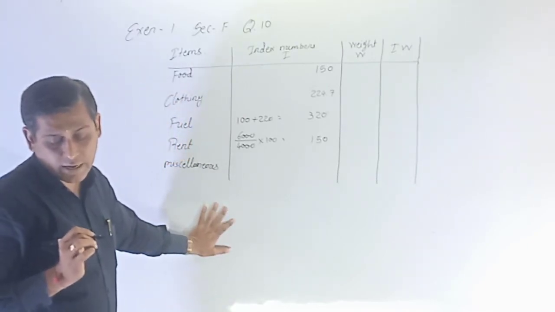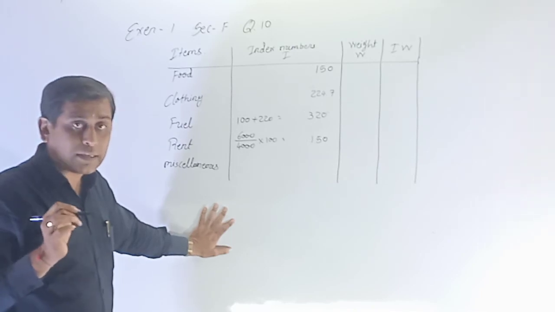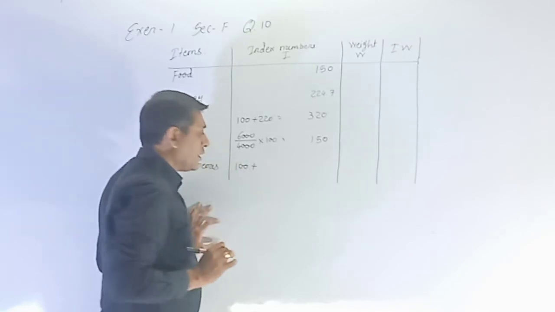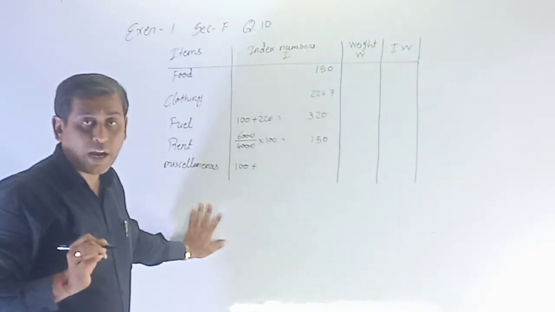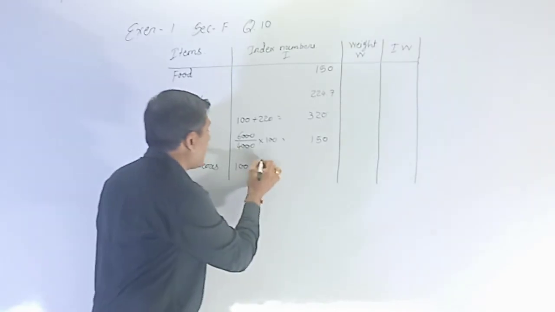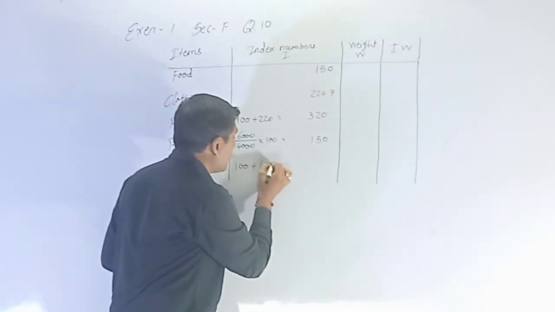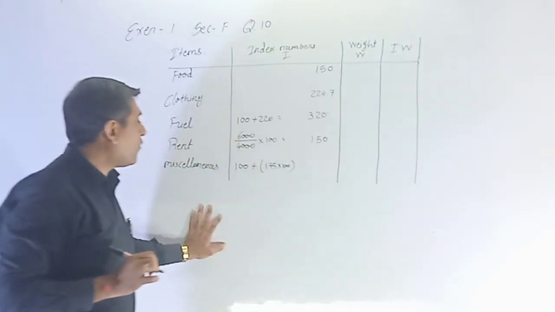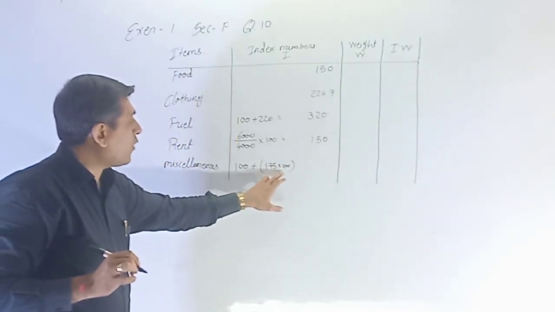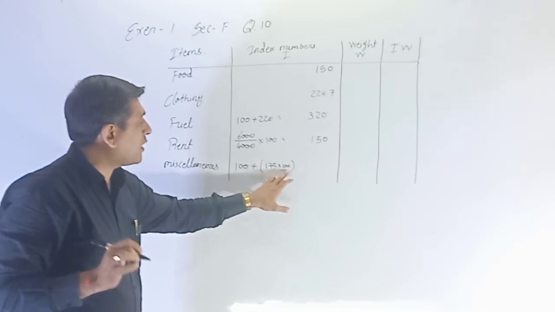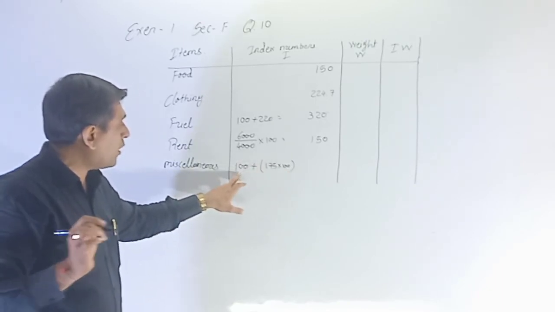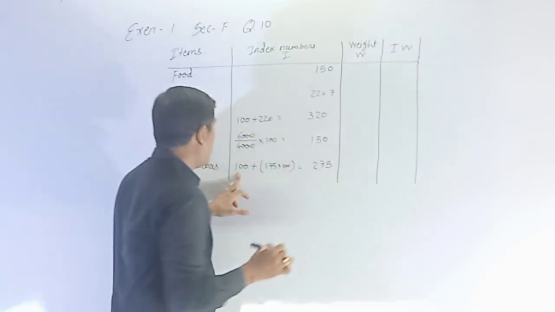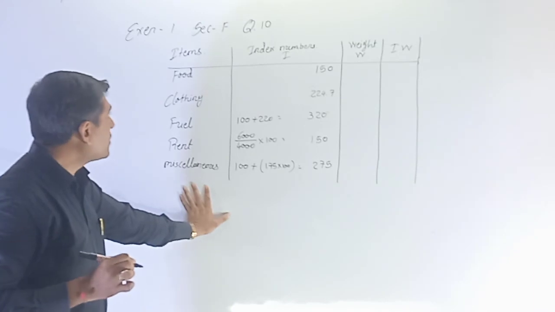And the last one, miscellaneous: expenses increased by, see, increase means we have to add 100, and increased by 1.75 times means we have to multiply. 1.75 into 100 is 175. 175 plus 100, that's why the final answer is 275 for miscellaneous.